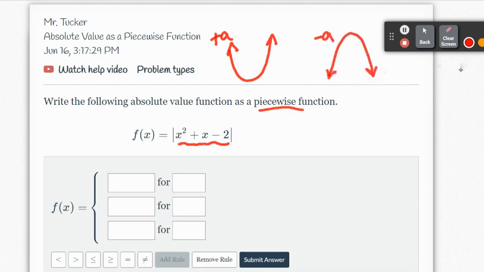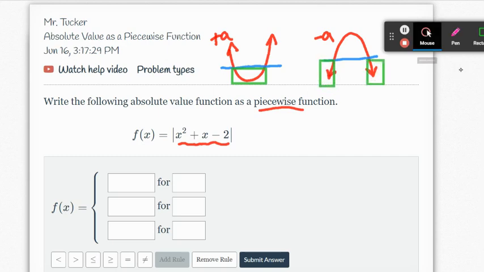In either case, we're going to be seeing how they interact with the x-axis, because if they cross the x-axis and we're trying to make an absolute value version of the quadratic, we need to take any negative region, which in these drawings that I sketched would be right here, or here, or here. Those negative regions need to become positive.